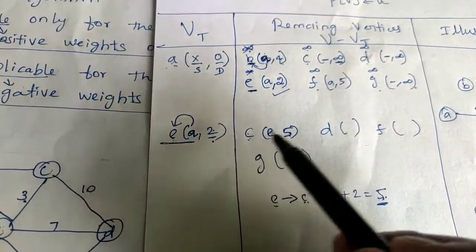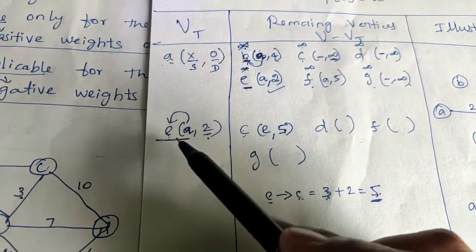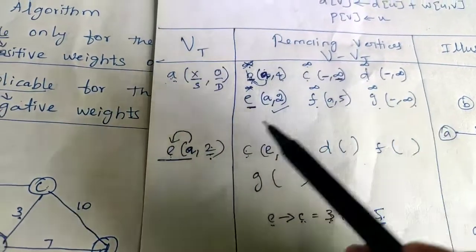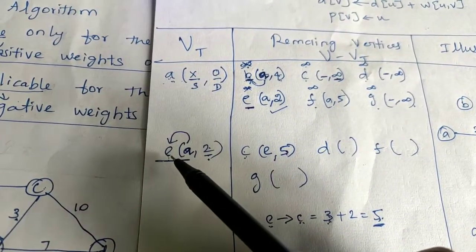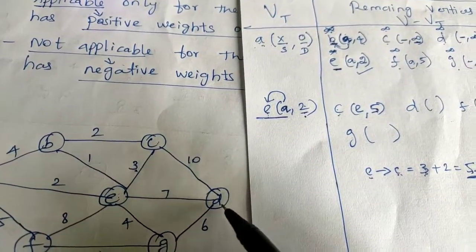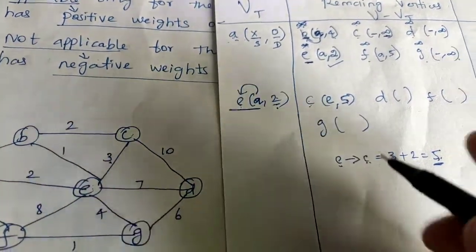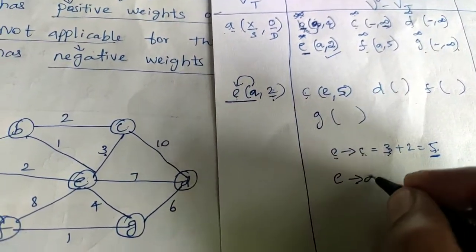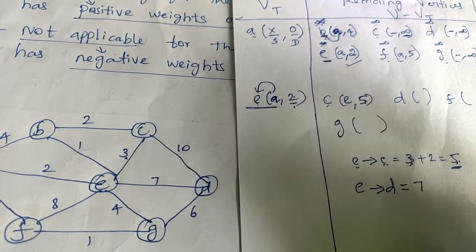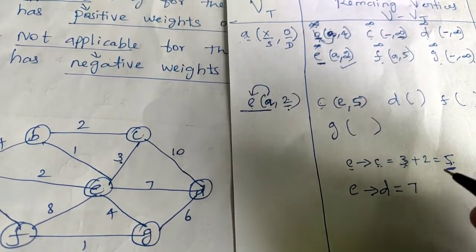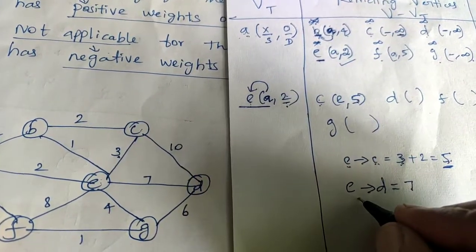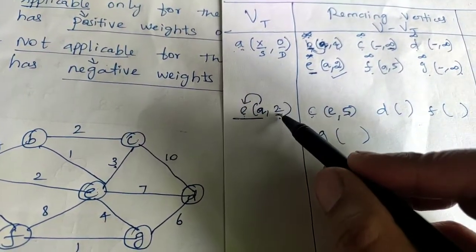Now try to visit the vertex D from E. The existing distance of D is infinity. Let us see whether we will get the minimum distance or not. E to D, I have a direct path. The distance, that is E to D, I have a distance as 7. Now while writing the distance of the particular edge plus whatever distance I have here.